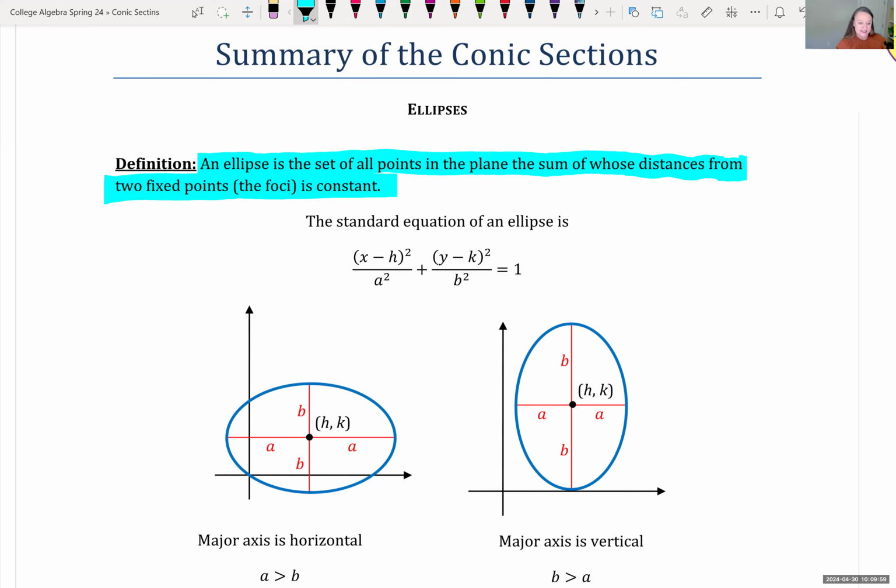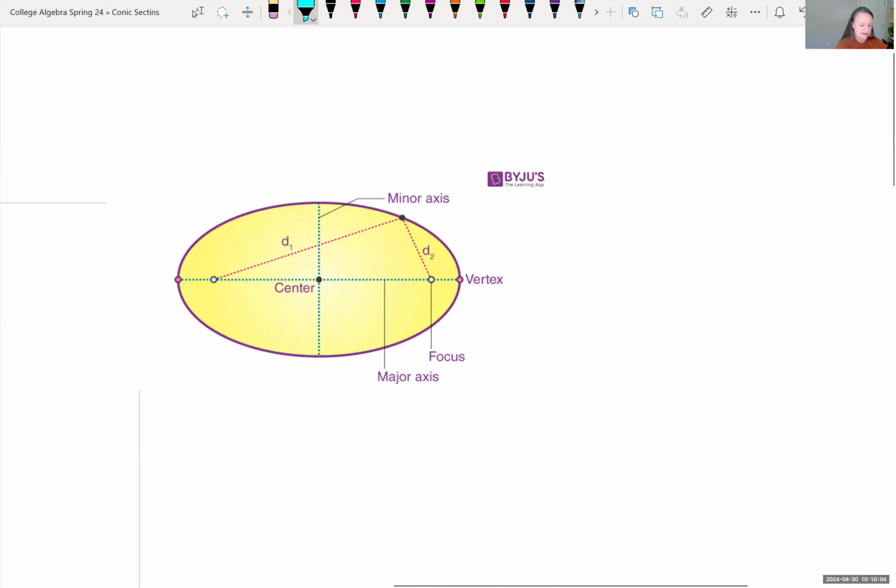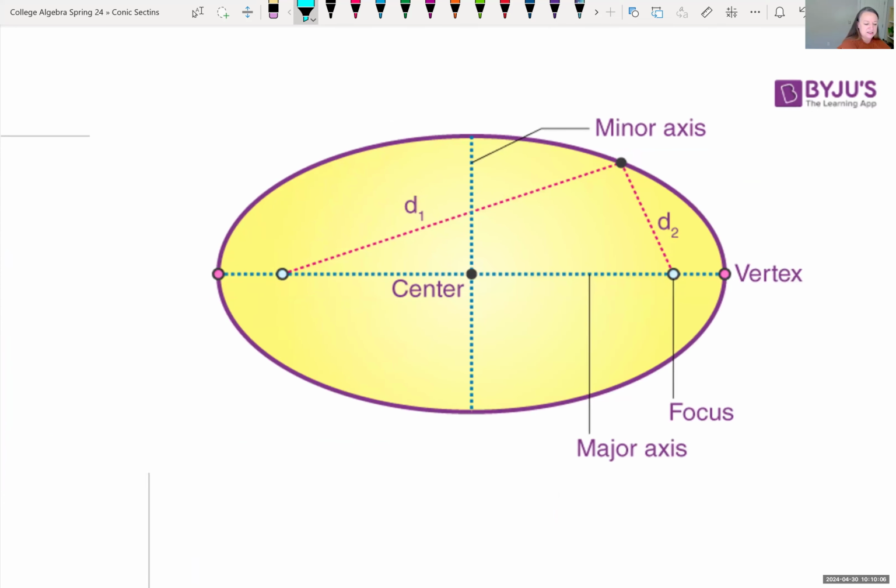Okay, so really what is that saying? This image that I pulled over here explains this. Basically we have 2 points in this plane. Each one is called a focus. Plural for focus is foci.